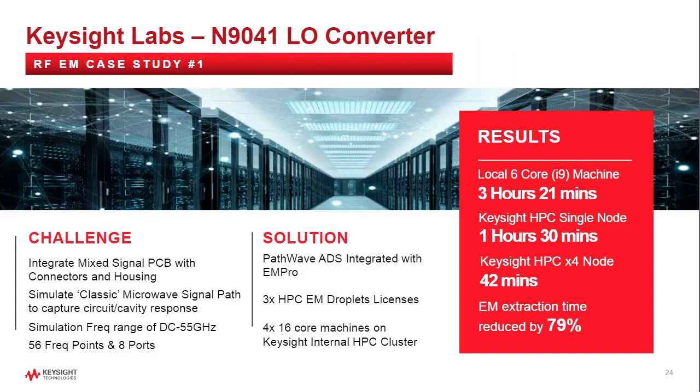Okay, so we've benchmarked this, and we've run 3 different benchmarks. The first benchmark is on my local high-performance engineering laptop. It's a 6-core i9 machine. So in this machine, it took 3 hours, 21 minutes.